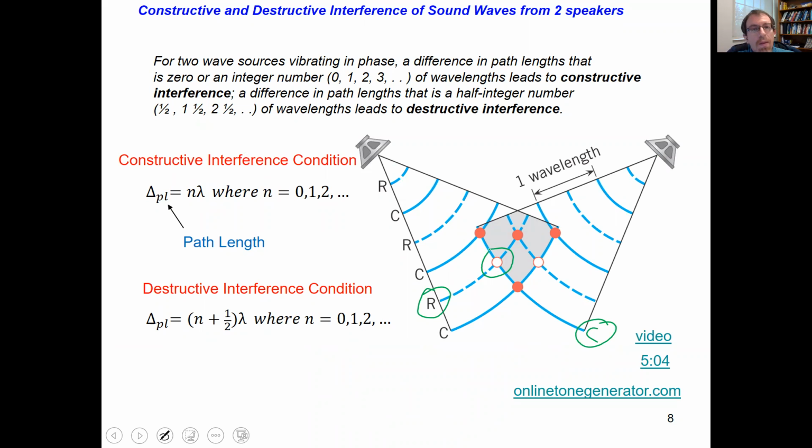There are a couple of resources on this slide. There are videos that I'm not actually going to post a link to, but there's also an online tone generator. You can go to onlinetonegenerator.com, which is not a link, but you can type that into a web browser. If you hit the play button, I think it's set to 440 hertz, and you can mess around with the frequency.